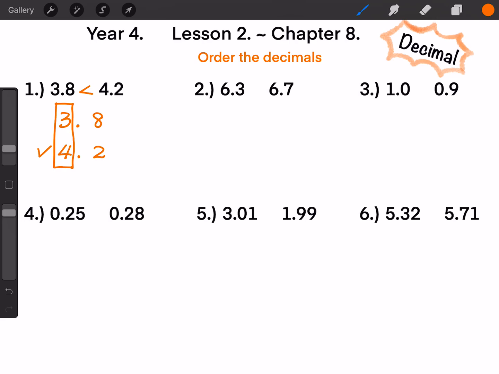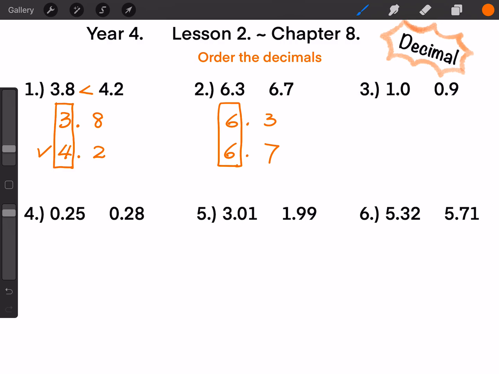Group 2, 6.3 and 6.7. Again, we start from the most left position. However, on the one-digit position, 6 and 6 are the same.